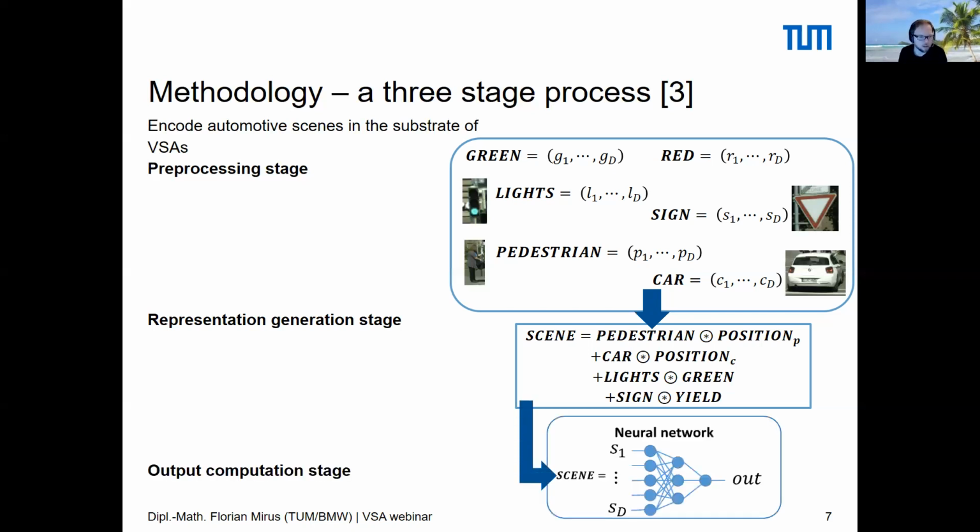And finally, the output computation stage. Here I simply use the generated scene vector as input for a neural network to solve some sort of task. In my thesis, I looked at driving context classification, very deeply at vehicle trajectory prediction, which is one of the main parts in this talk, and anomaly detection.